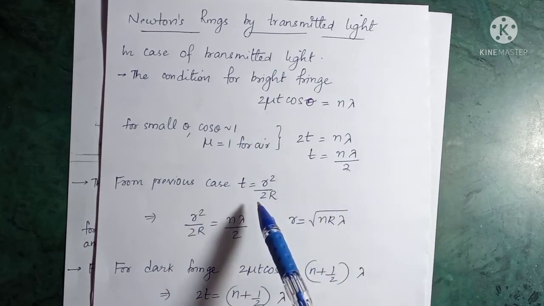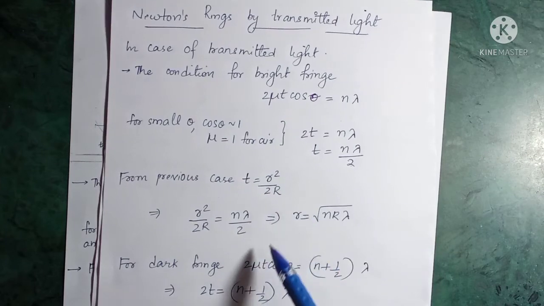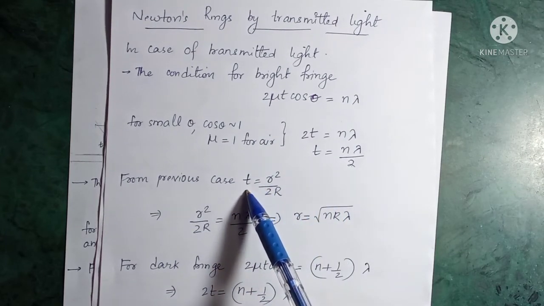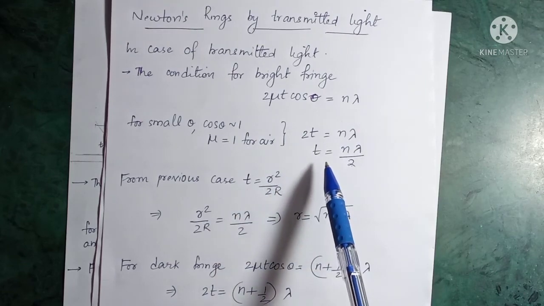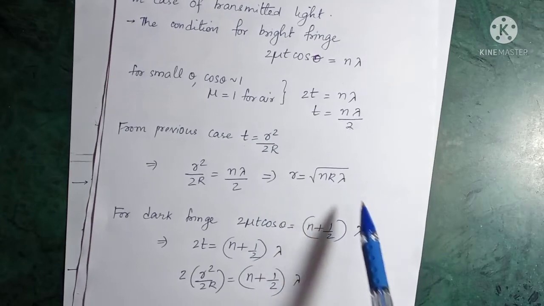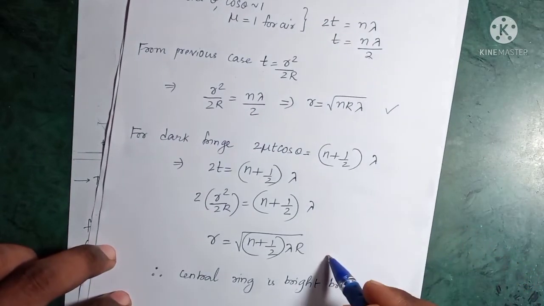And from the previous reflected light case, we had obtained small t equals small r square upon 2 capital R. So substituting the value of t in the condition for bright and dark rings, we obtain the radius of bright and dark fringe as this. This will be the radius of bright fringe and this is the radius of dark fringe.